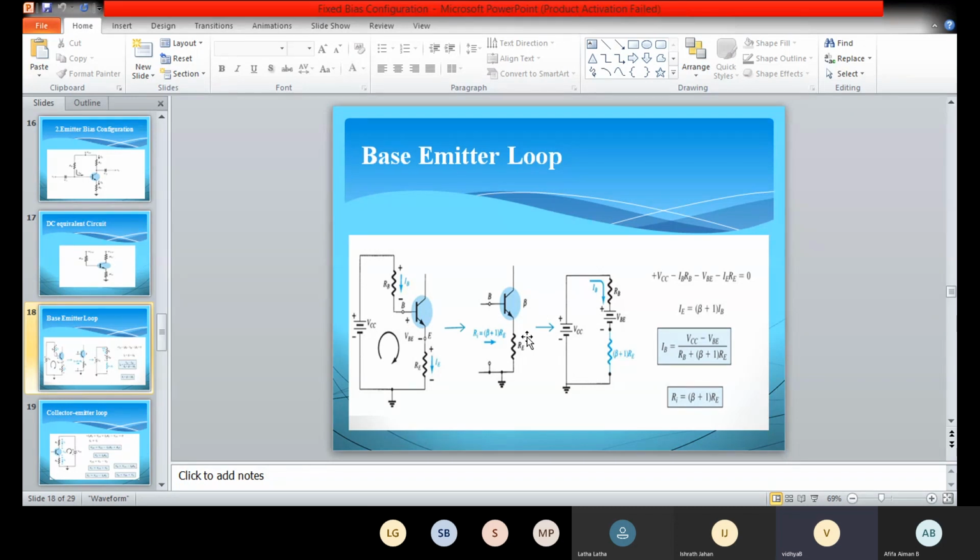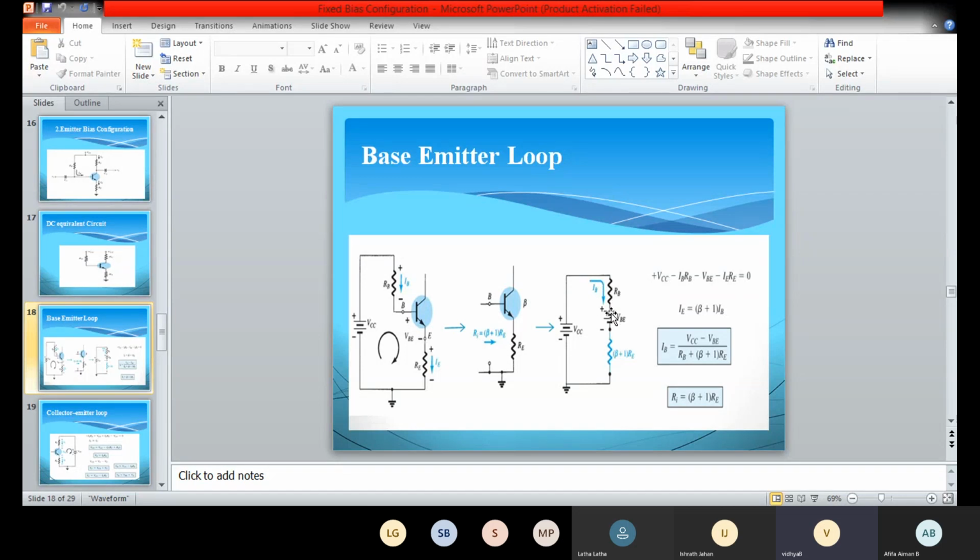From the base emitter loop, this is the diagram for the base emitter loop. So if we apply the loop, if I take the direction clockwise, then minus to plus, I have written minus to plus, then plus VCC.